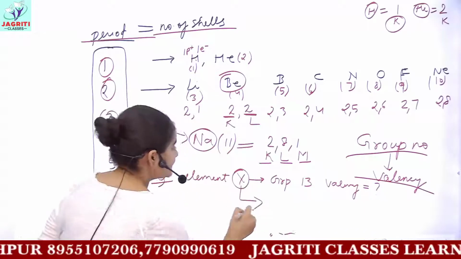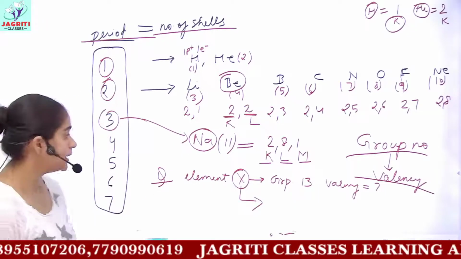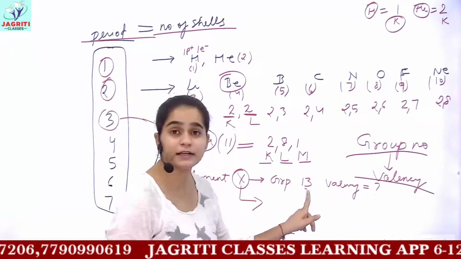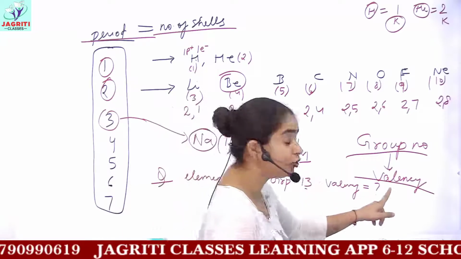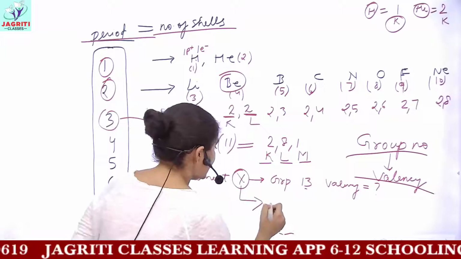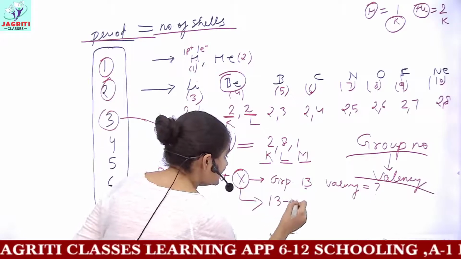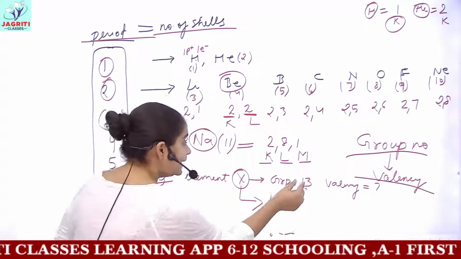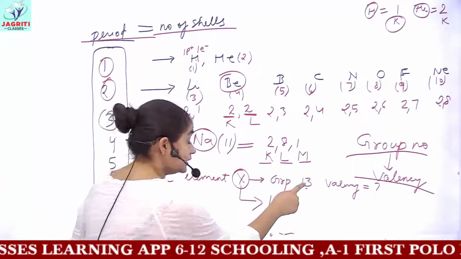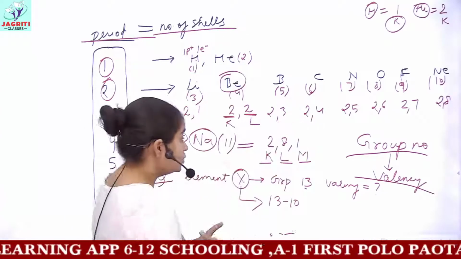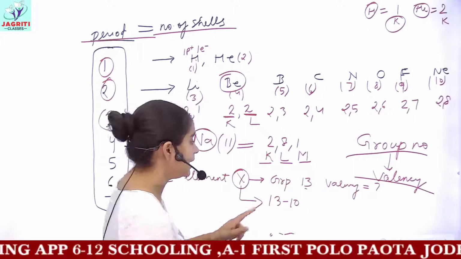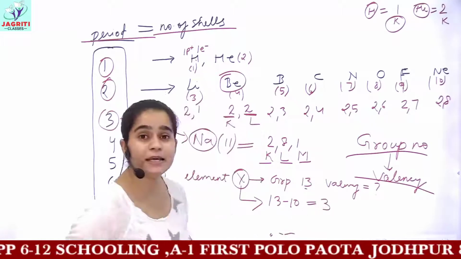How do you find the valency? You say 13 minus 10. You have to deduct 10 because the 13th group belongs to the P block. So for valency you have 13 minus 10, so its valency would be 3.